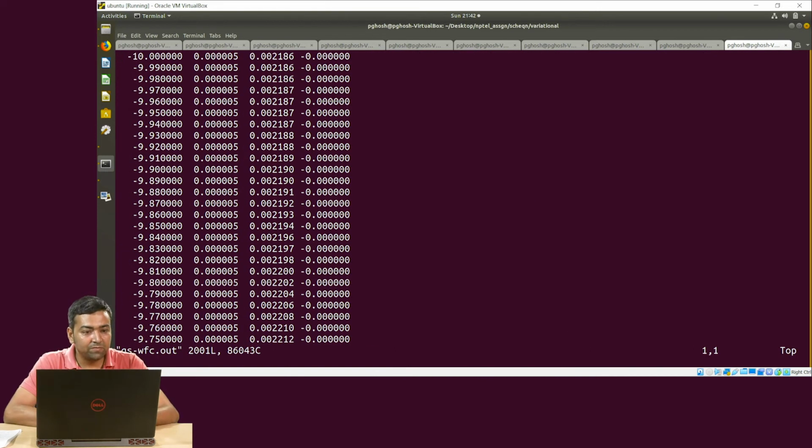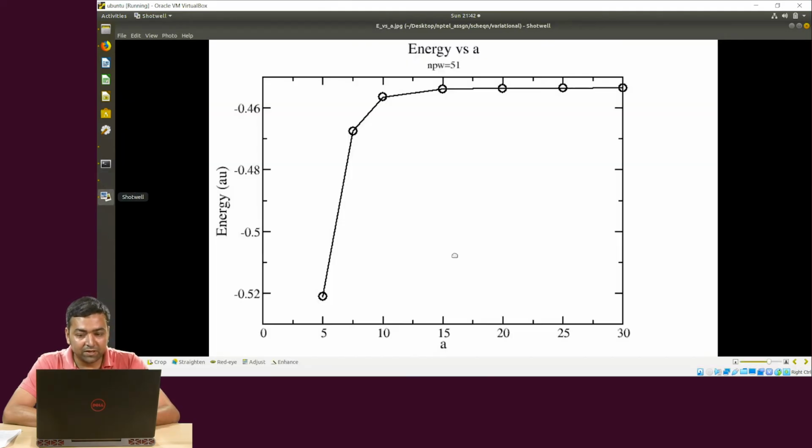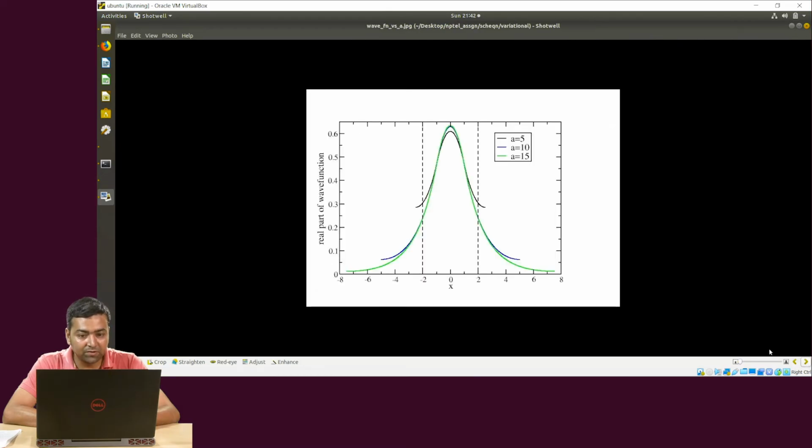The first column contains the value of x, the position. The next column contains the value of the probability density, the next contains the real part of the wave function, and the last contains the imaginary part of the wave function. If I plot the same thing, let me just show you the plots.